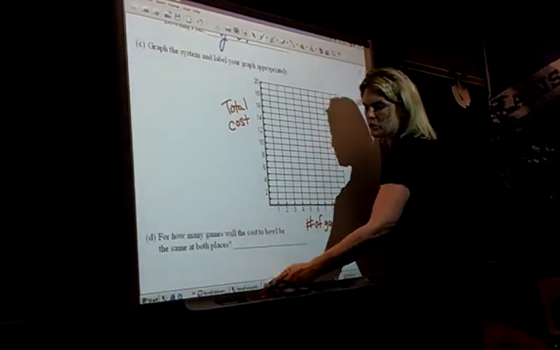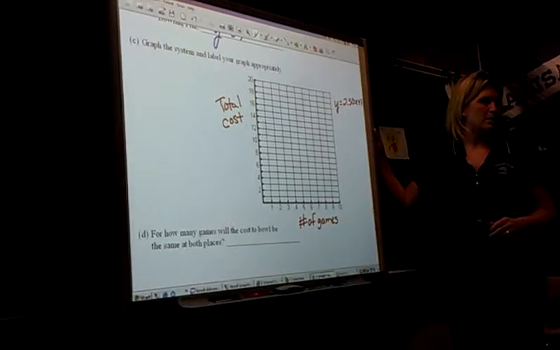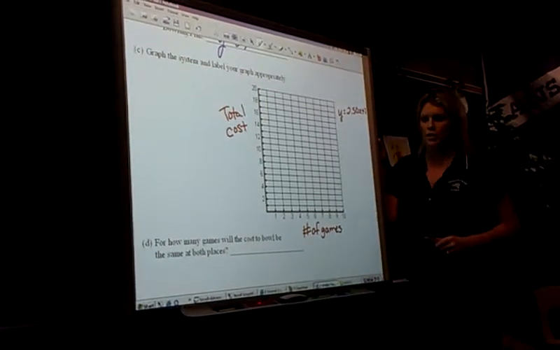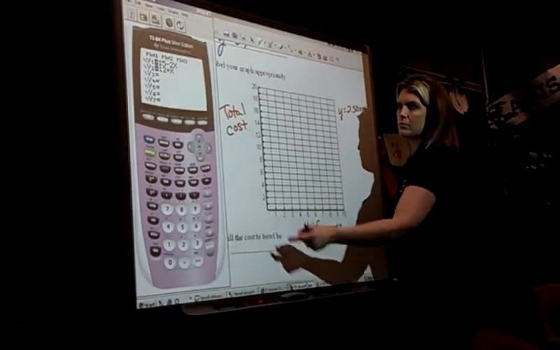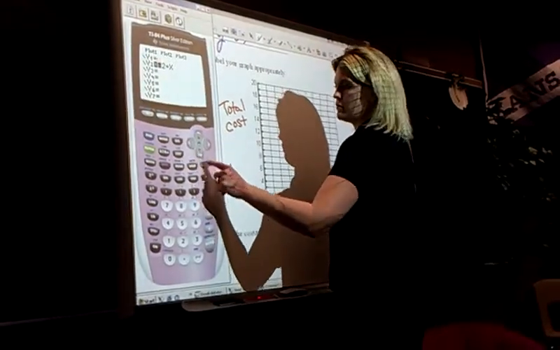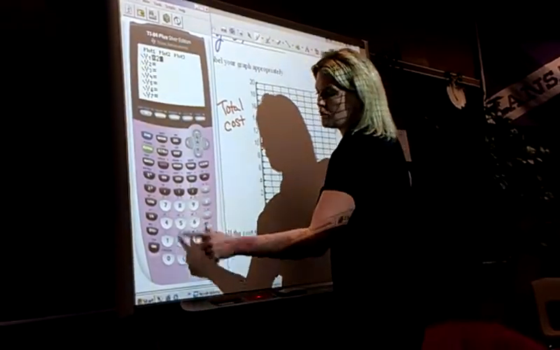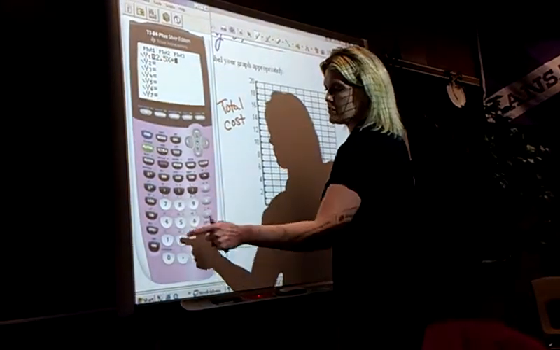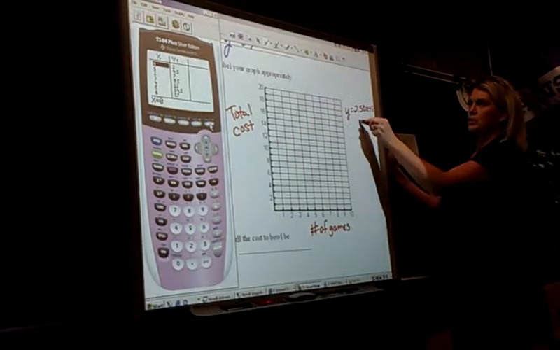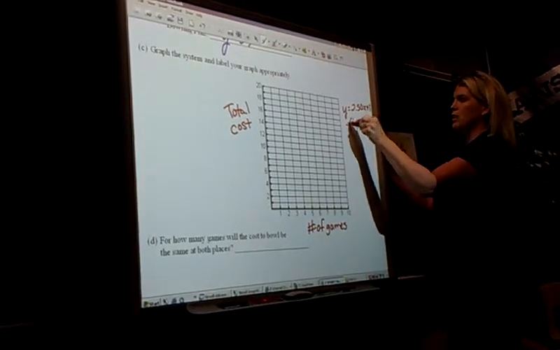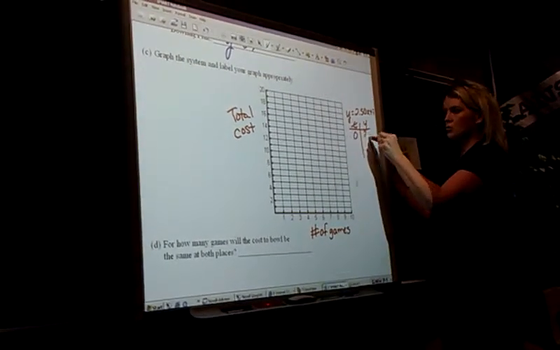We normally do the slope and the y-intercept. It may be easier to go into your calculator, go into y equals, put 2.50x plus 2, second graph. Find the whole numbers. So I've got 0, 2.